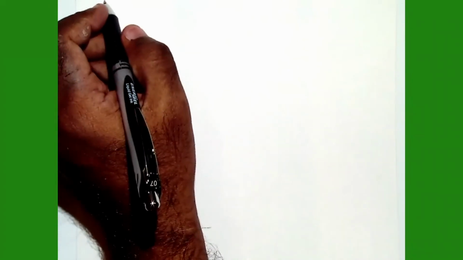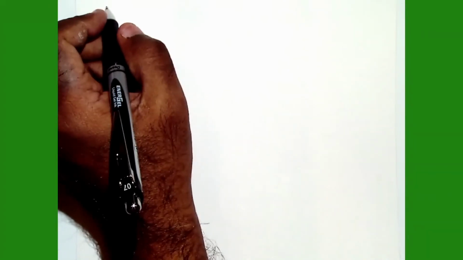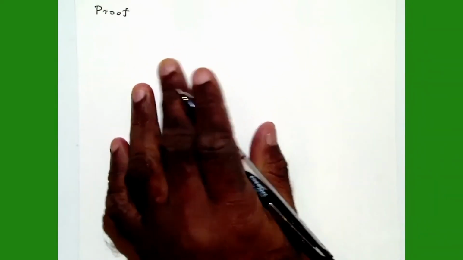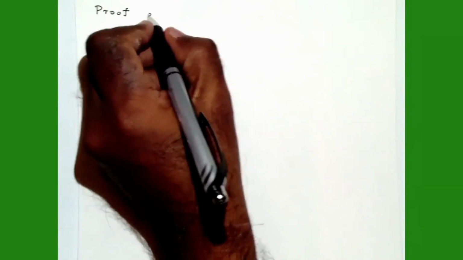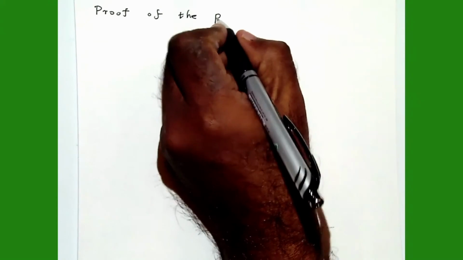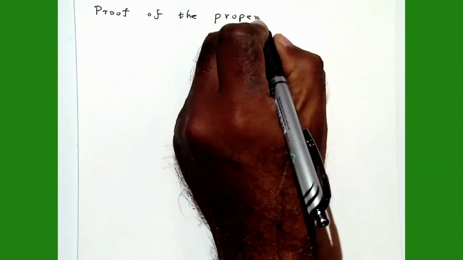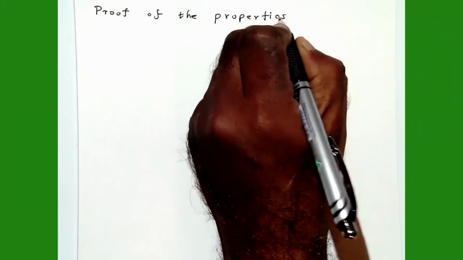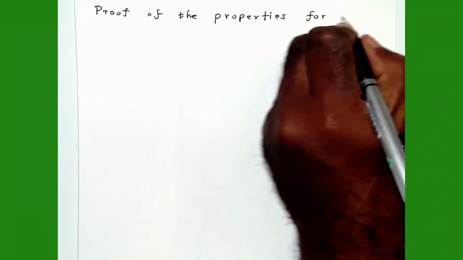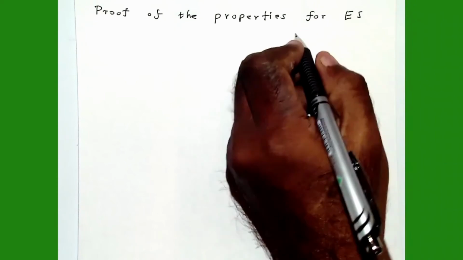So this is where the proofs of the properties for expected shortfall.